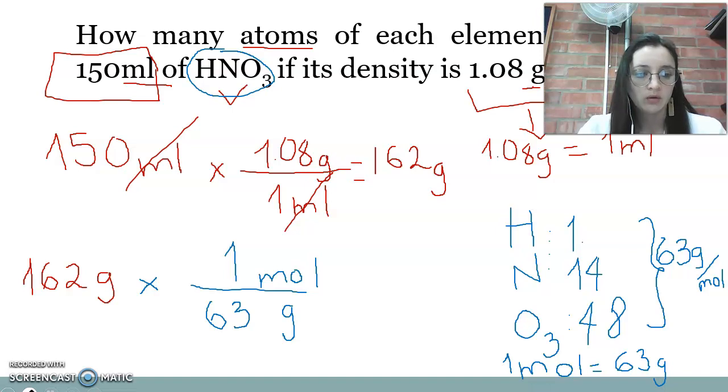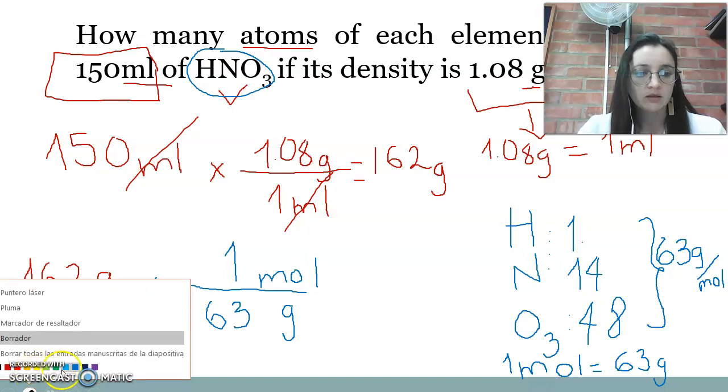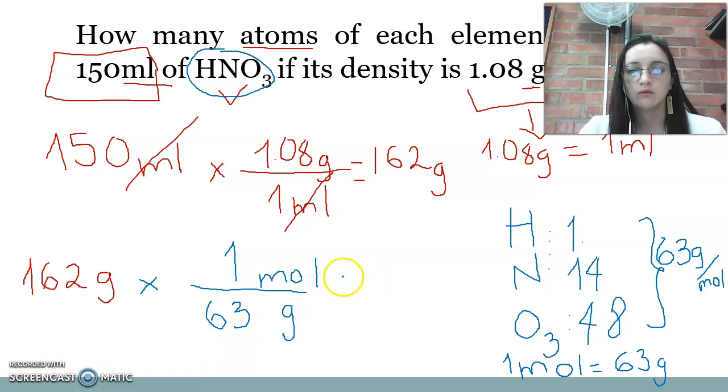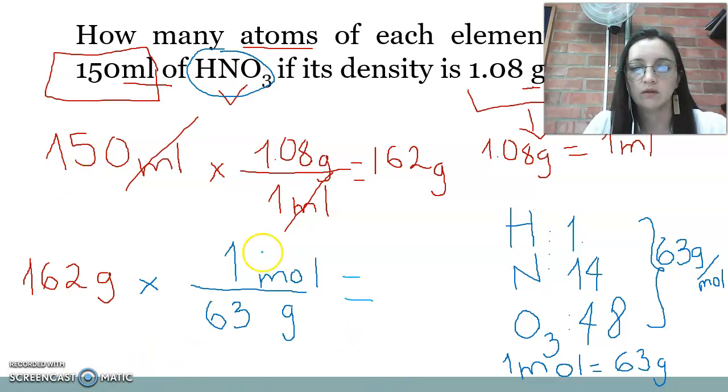Okay, so next step, we need to solve this part. So 162 divided by 63, that's going to be 2.57.